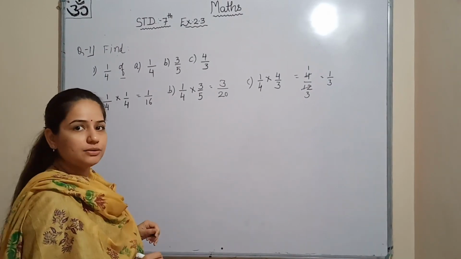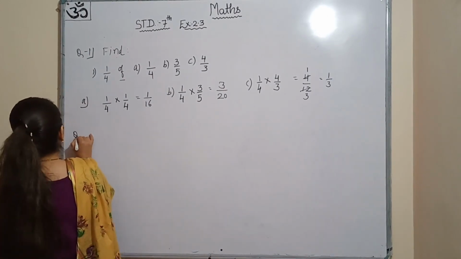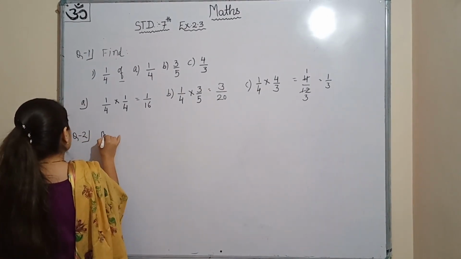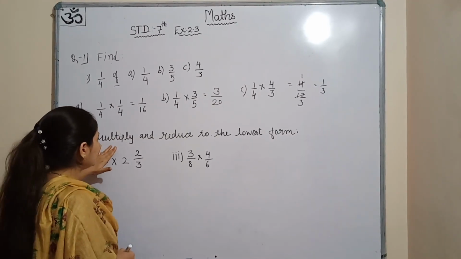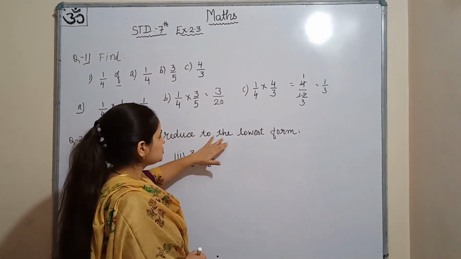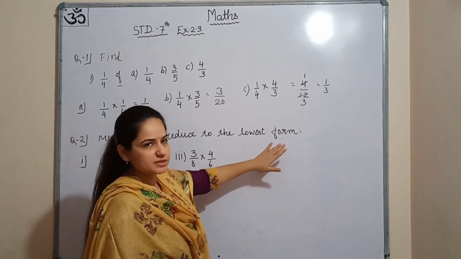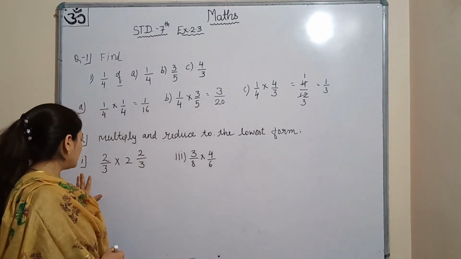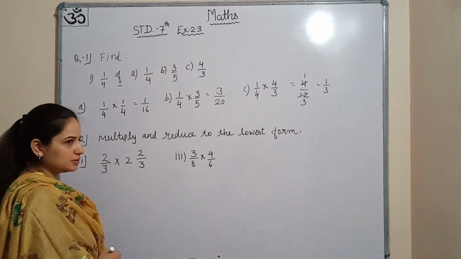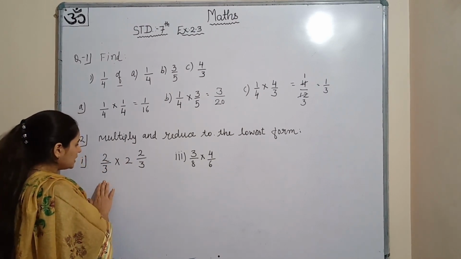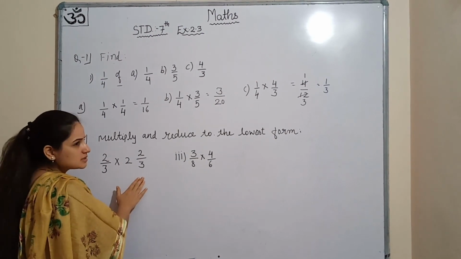From that we'll do number 1. Multiply and reduce to the lowest form if possible. So number 1 in that is 2 upon 3 multiplied by 2 integer 2 upon 3. Here you are given this is a proper fraction and this is the mixed one.